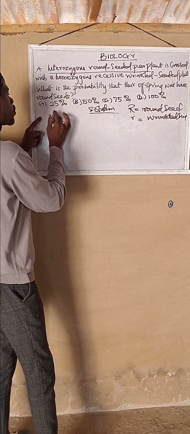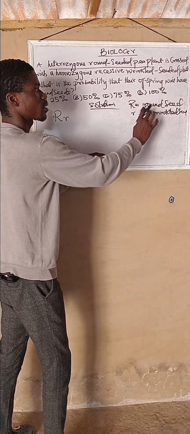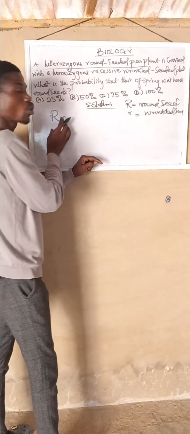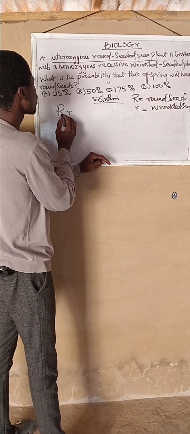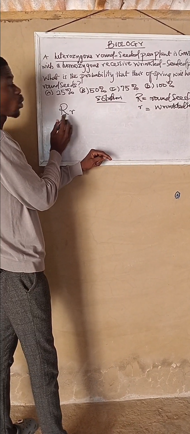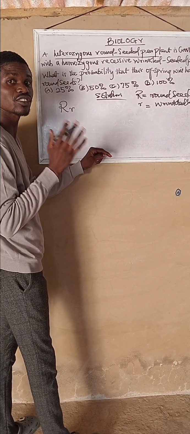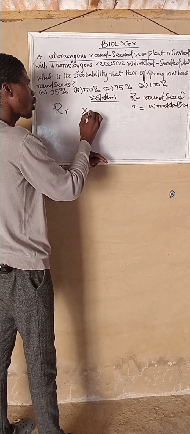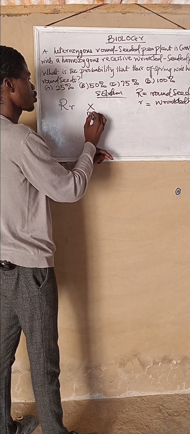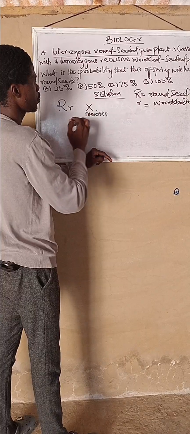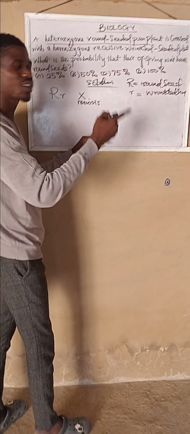The combination of this round seed and wrinkled seed makes what they call a heterozygous character, because the character contains different sets of genes. Then meiosis has to take place here together with another parent.